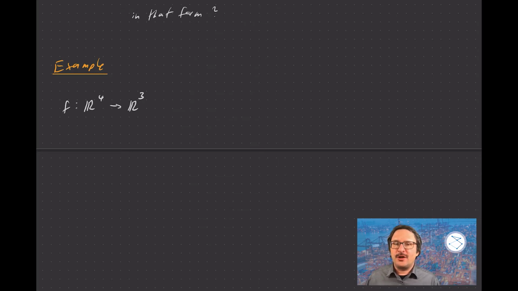We just take the canonical basis of R to the fourth and then assign values to the images of that basis. We've learned before that a linear mapping is uniquely defined by prescribing the values on a basis of the domain. And that is exactly what we're going to do here.